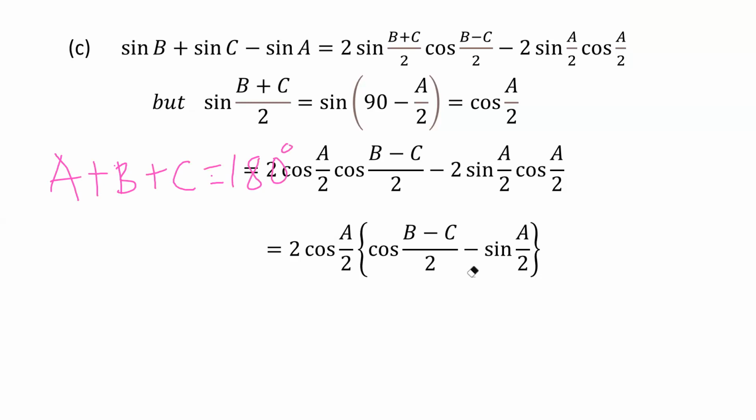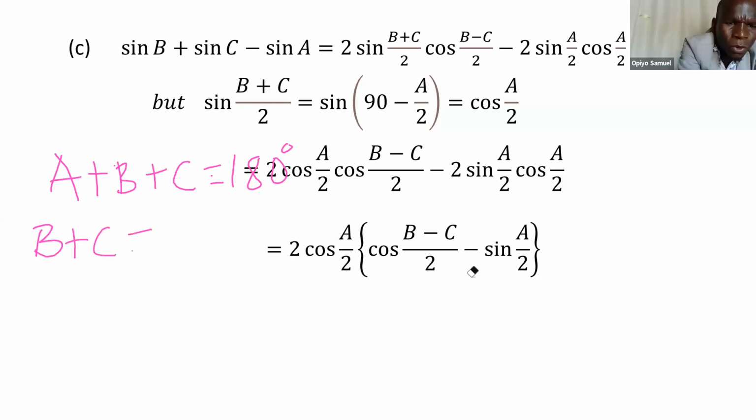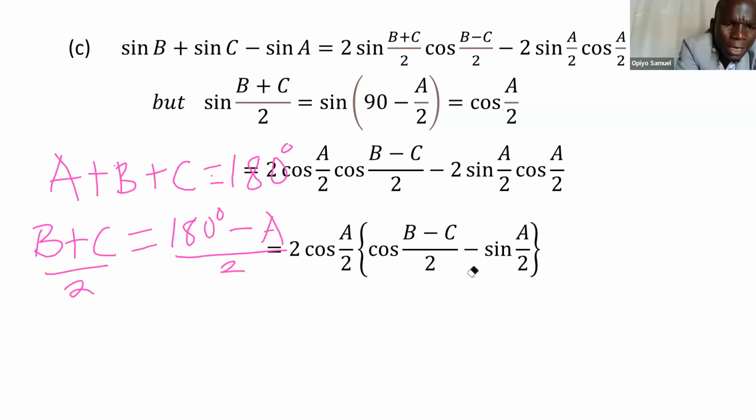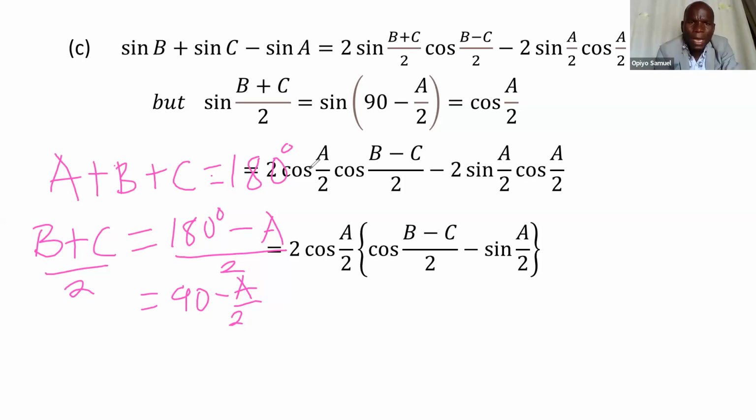So for this case, B plus C equals 180 degrees minus A. So if we divide this by 2, also this side by 2, we remain with 90 minus A out of 2. So when we apply this, that's why we have this part now.